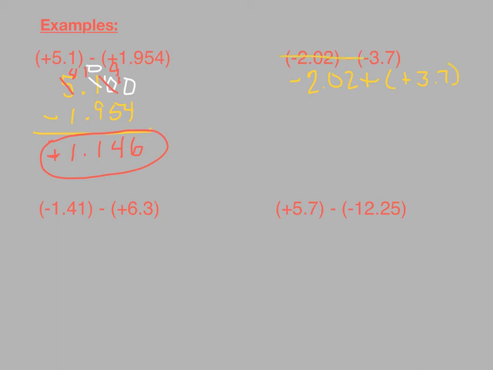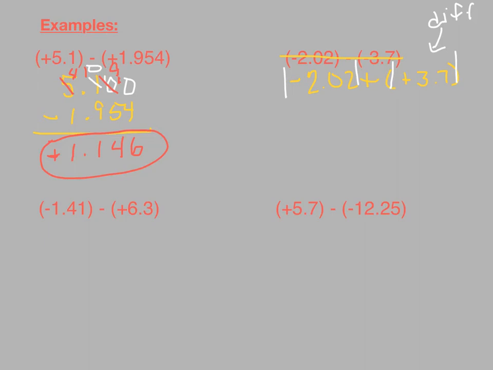And now I'm going to pretend this wasn't here, and I'm going to find the absolute values of these so that I can do my addition problem. I'm going to sing, if the signs are the same, find the sum. If the signs are different, find the difference. And that's what I'm doing here.